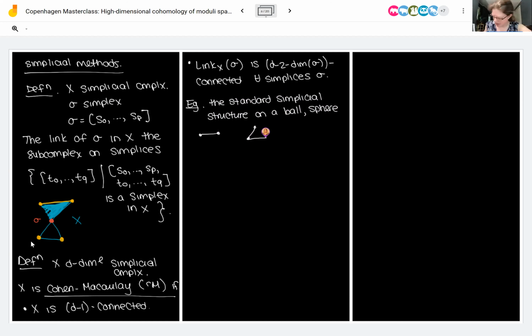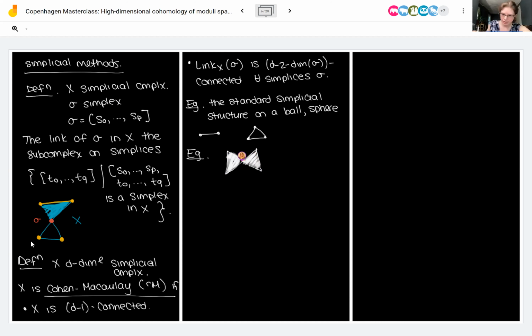So exercise, check that. And then maybe in contrast, here's a picture of a simplex that is not Cohen-Macaulay.